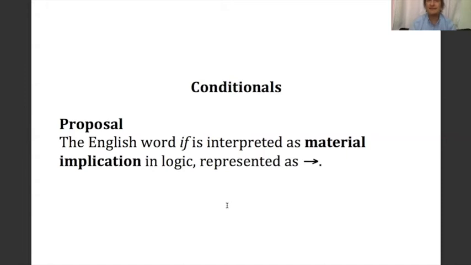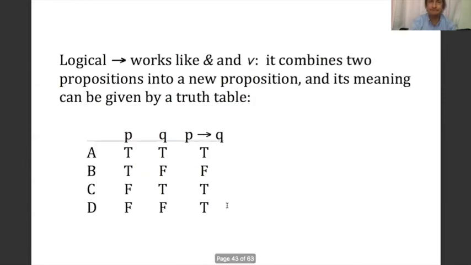The proposal is this, that the English word if is interpreted as material implication in logic, represented with an arrow pointing to the right. And that logical if works like logical and, logical or. It combines two propositions into a new proposition, and its meaning can be given by a truth table.